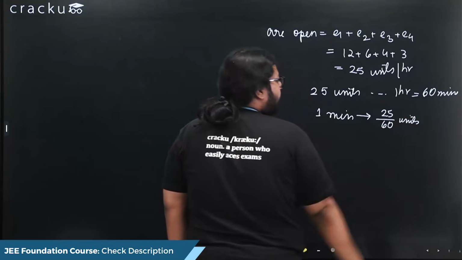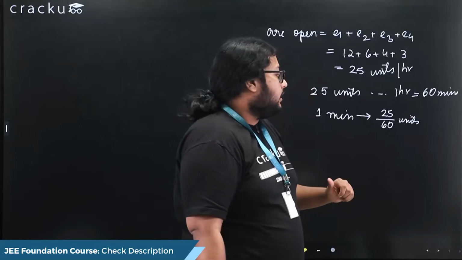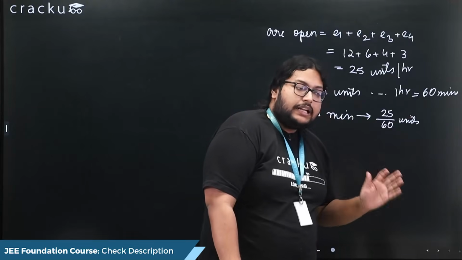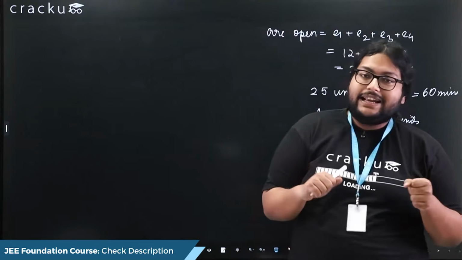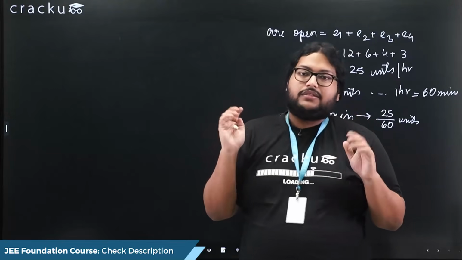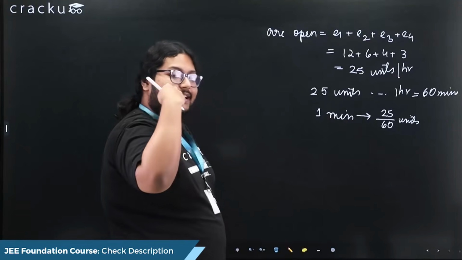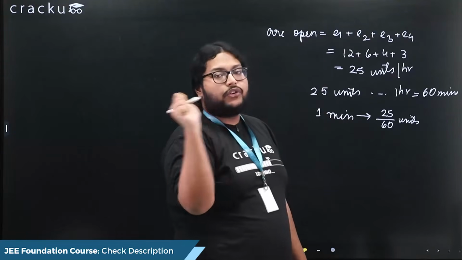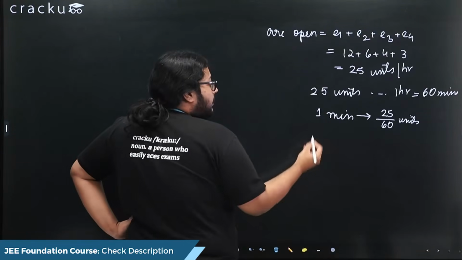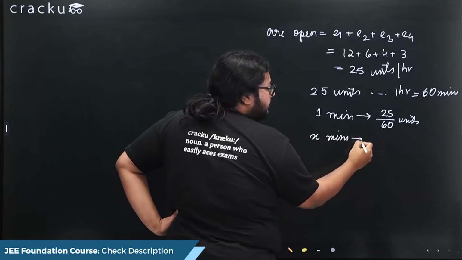In 1 minute, they are removing 25 by 60 units. So now we can assume that the total time taken is x minutes. Let's say in x minutes the tank is emptied by all the four combined. Then in x minutes, how much water is removed?